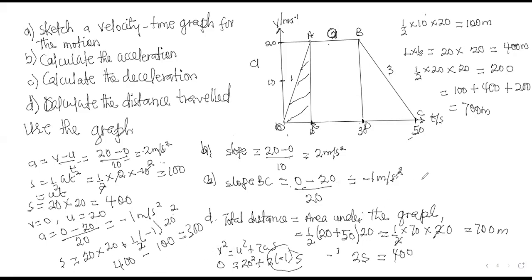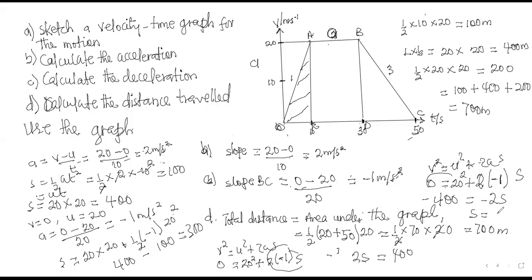What is wrong? I want us to use this formula. Let me look at it well. Plus 2AS. Final velocity is 0. Initial velocity is 20. So 20 squared plus 2 times acceleration is -1 times S. So -400 when it crosses to the other side is equal to -2S.